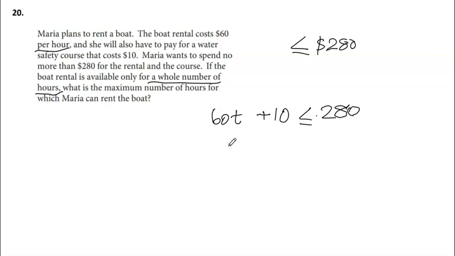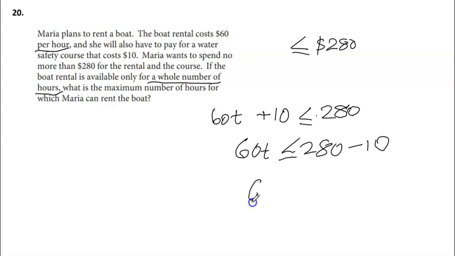All right. So with this, we can go ahead and calculate, right? We have 60t is less than or equal to 280 minus 10. Right? All I did was bring the 10 over here to the right. That's why it became minus.